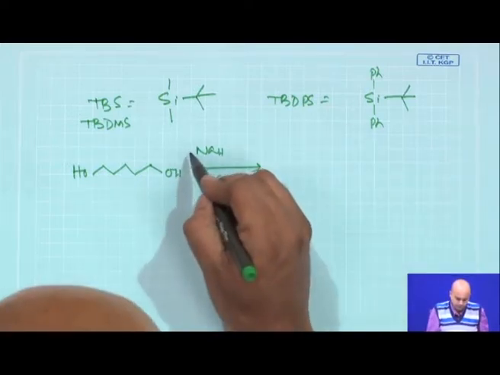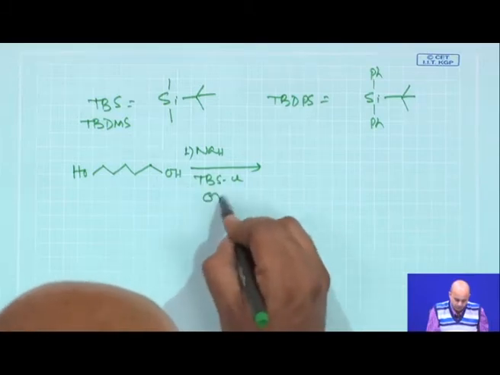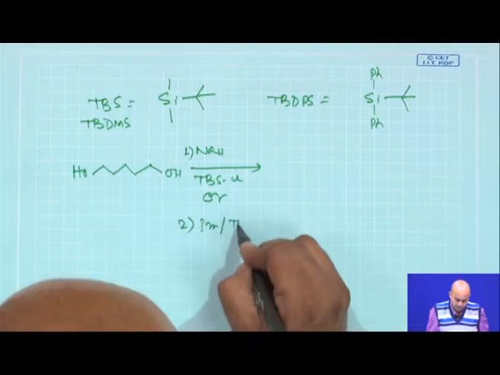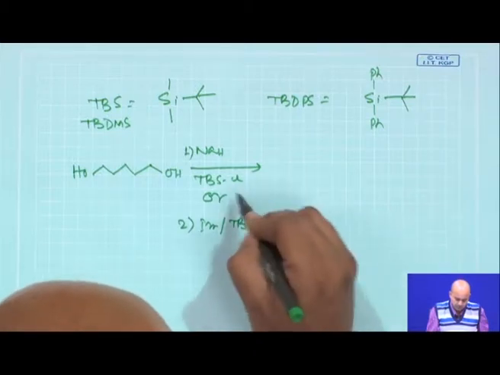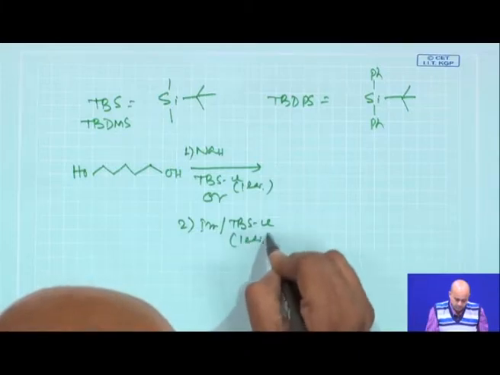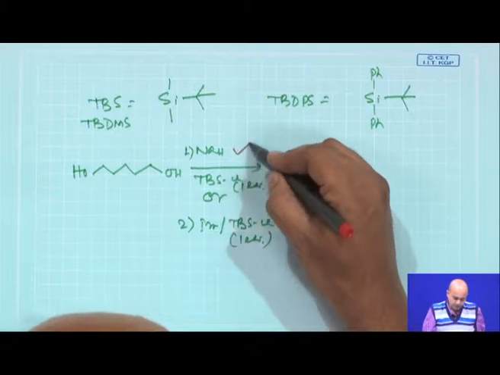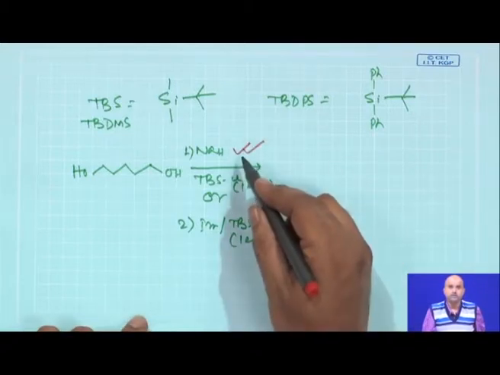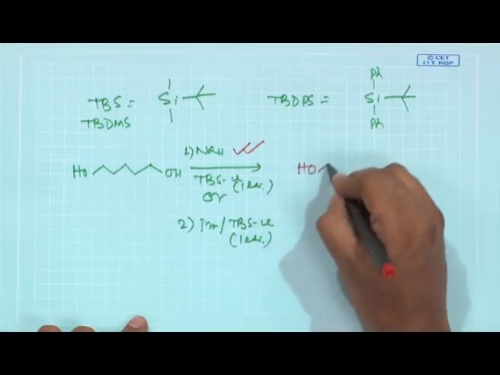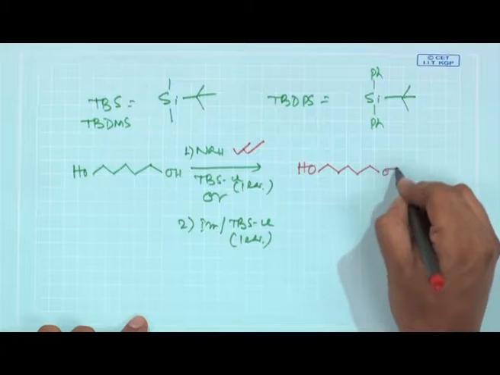So, you might have route 1, sodium hydride and TBS chloride, or use imidazole and TBS chloride. In both cases you need one equivalent of TBS chloride, but usually the yield and the optimization for this reaction are pretty good. So, you basically get this mono TBS compound.